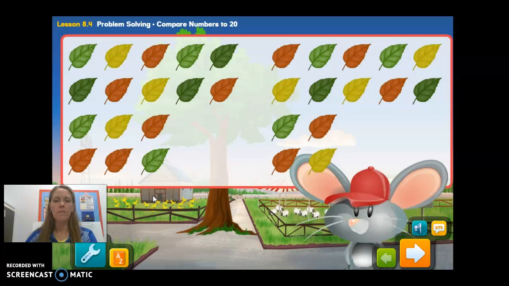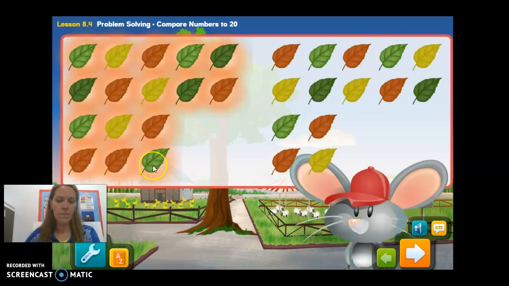Count the first group with me. 1, 2, 3, 4, 5, 6, 7, 8, 9, 10, 11, 12, 13, 14, 15, 16.